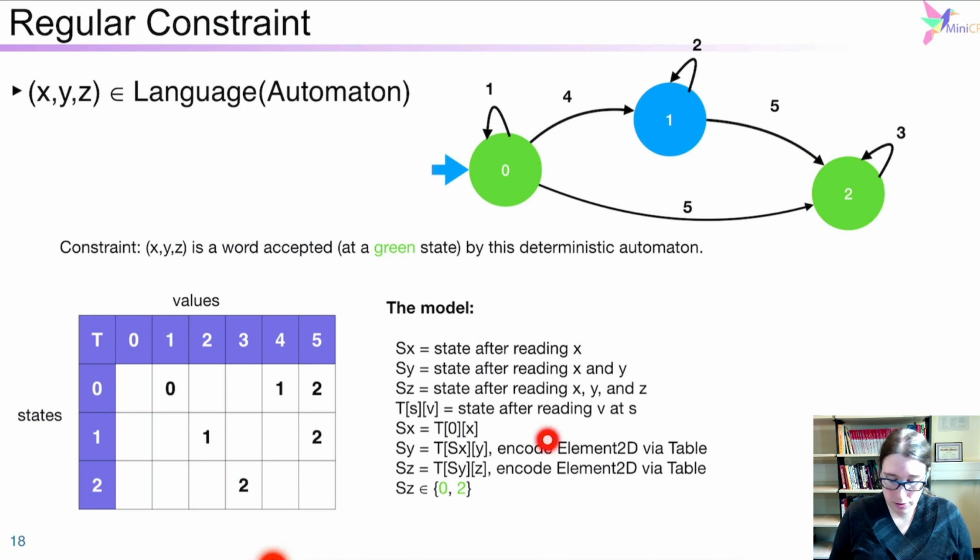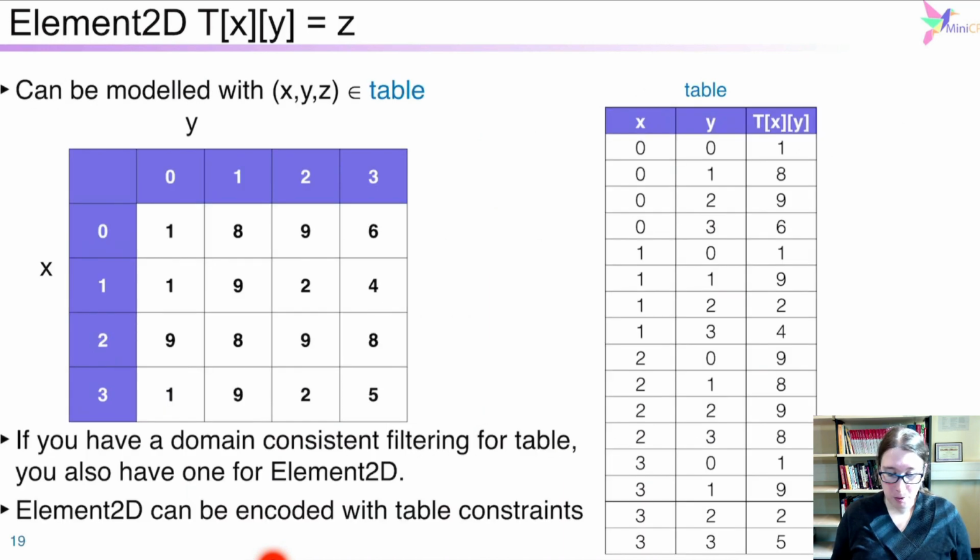And to encode this transition, we will need what we call an element 2D constraint, and we can encode it as a table. How do we do that? Well, for each of the elements in the transition table, we will create a line in the table. So in this case, here we have this element, which has these two elements.